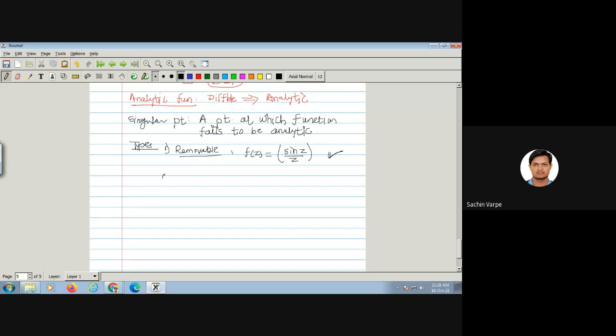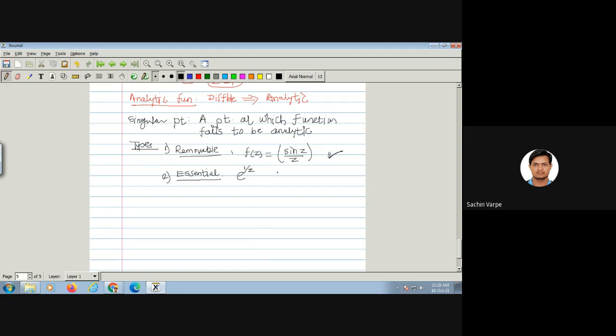Then the second type is essential singularity, which means one we cannot remove. That can be an essential singularity. For example, sine of 1 by z, or instead of sine 1 by z, I'm taking a very famous example, e to the power 1 by z.